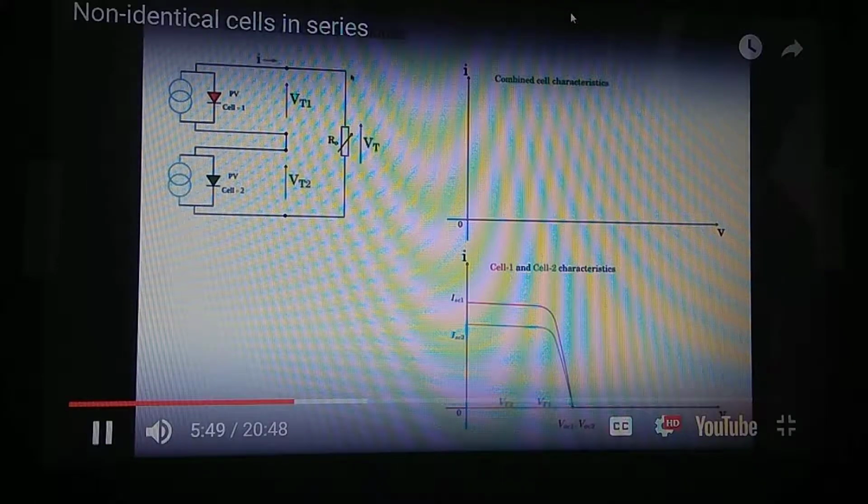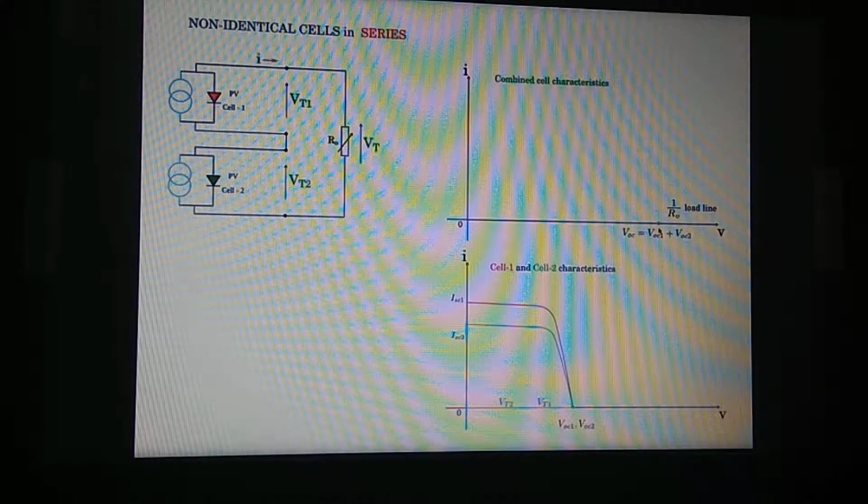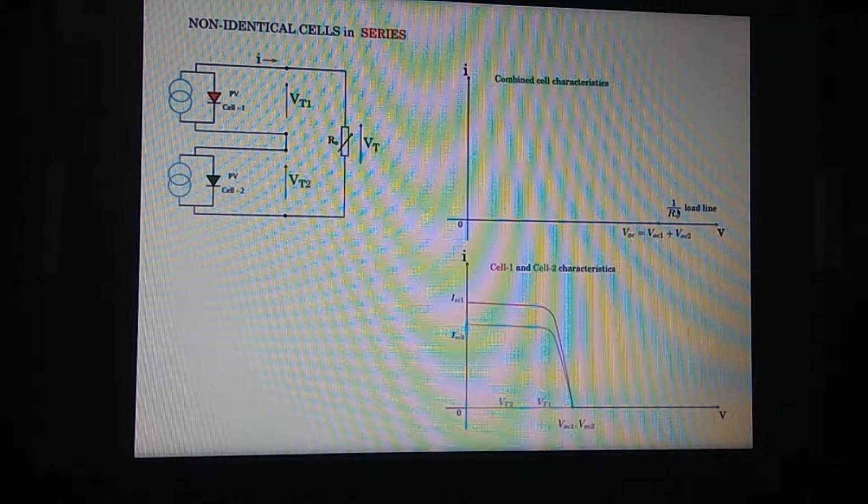VT, the terminal voltage of the combined system, is this plus this. So one operating point that you will get is this, which is VOC1 plus VOC2, with the x-axis as the 1 by R0 load line.